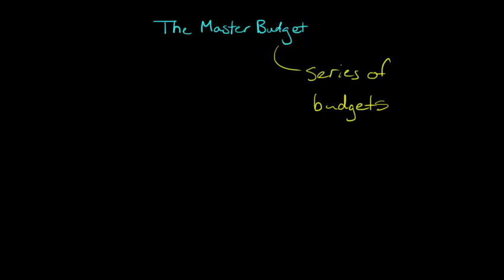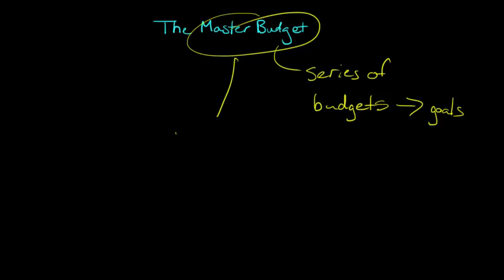A series of budgets that deal with the firm's goals, how the firm is going to get there, and then ultimately, when we're thinking about the output of this master budgeting process, what we're looking to come up with is a cash budget, which is going to be really important in terms of determining whether we have enough money to make it through the different quarters during the year.